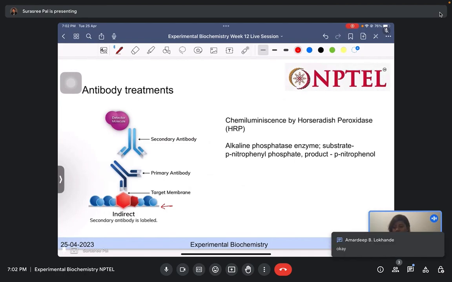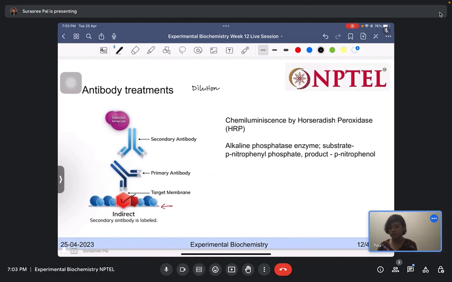Now there is a membrane on top of which, suppose this particular one is our protein of interest, right? First we will treat the membrane with a primary antibody solution. We will dissolve the primary antibody in a particular dilution. Now this dilution of the antibody is also critical for proper visualization.